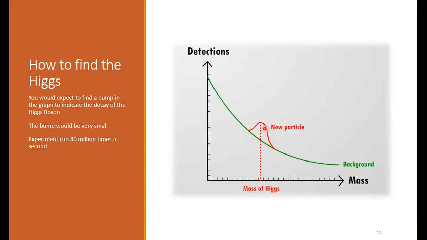Okay? So because of that, the collision experiments were, as you can see here, run 40 million times per second. Right? So this created a lot of data, terabytes of data for the data analysts to go through and to make sense of. So it was a difficult, arduous task, lots of data to handle. So this is what scientists were looking for.